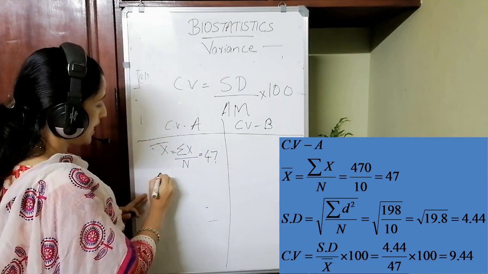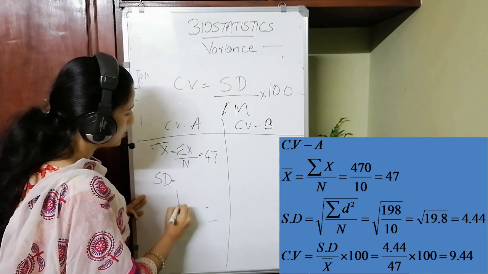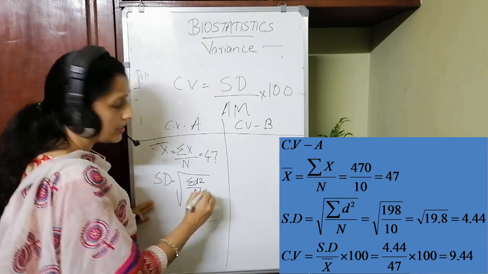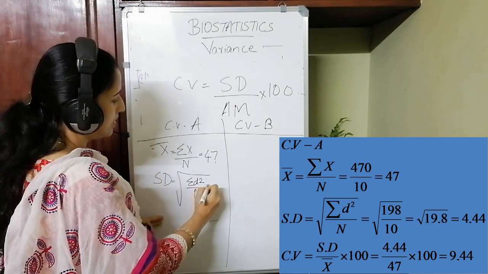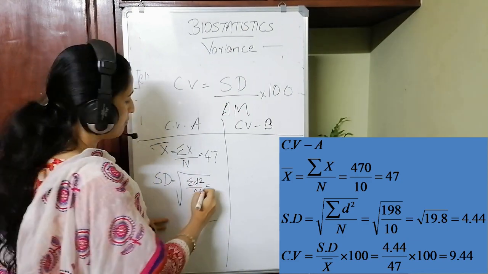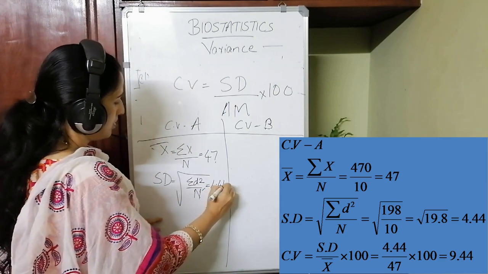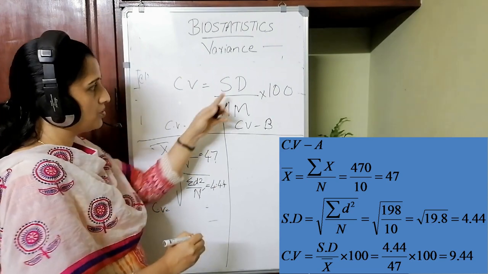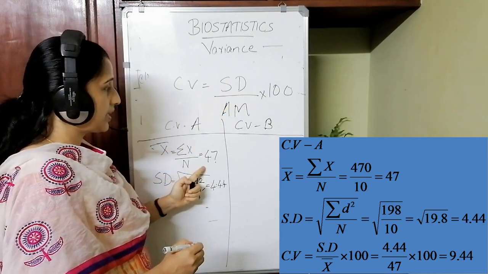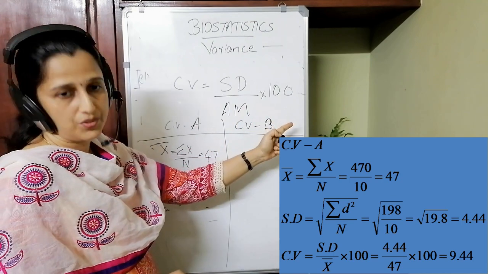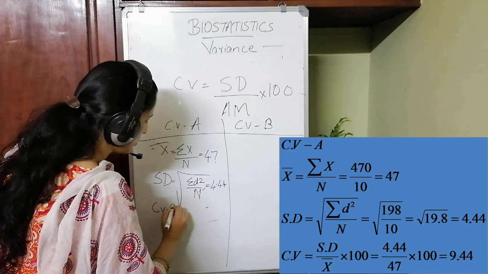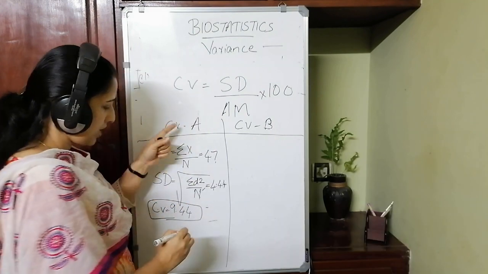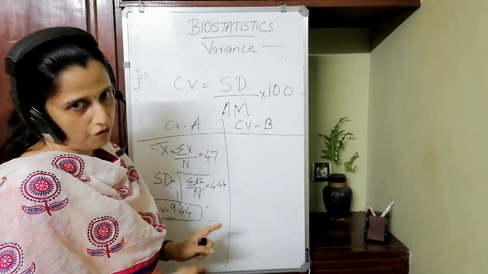After that, you have to find the standard deviation. Standard deviation is equal to the square root of sigma d square divided by n, and here the standard deviation is 4.44. Then the coefficient of variance, or CV, is equal to standard deviation divided by arithmetic mean into 100, which is equal to 9.44. So the coefficient of variance for rat A is 9.44.